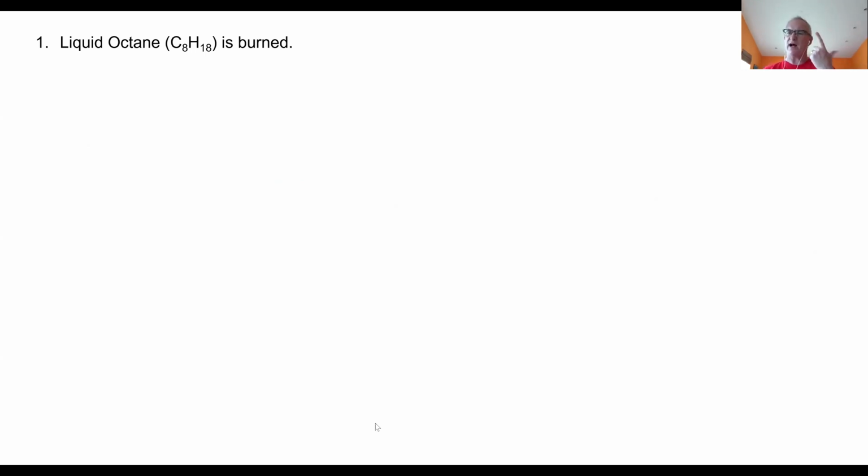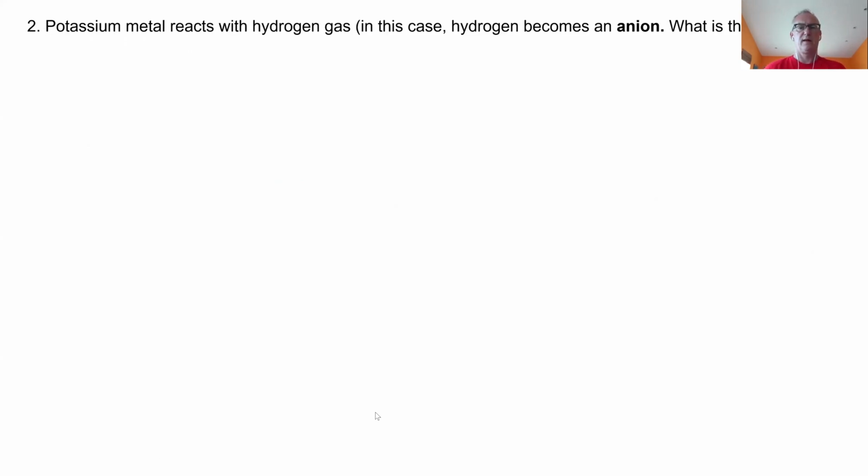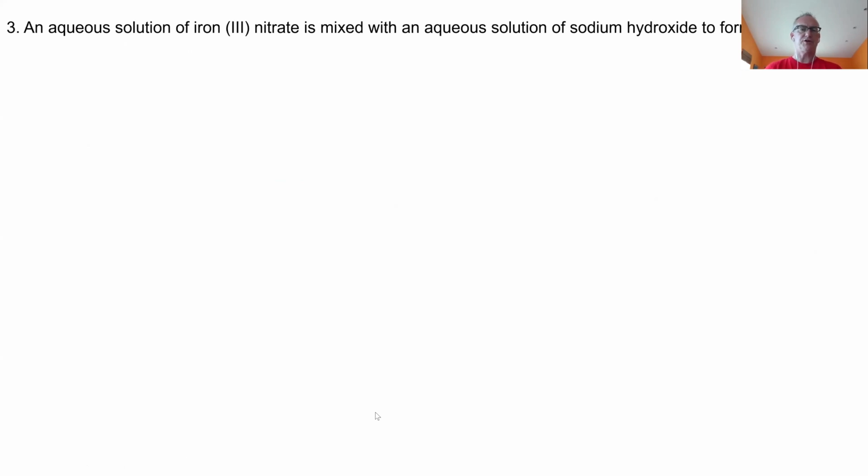Let's do one of the ionic reactions because there's something I want to introduce, something you haven't seen before. So let's do: an aqueous solution of iron 3 nitrate is mixed with an aqueous solution of sodium hydroxide to form a precipitate.